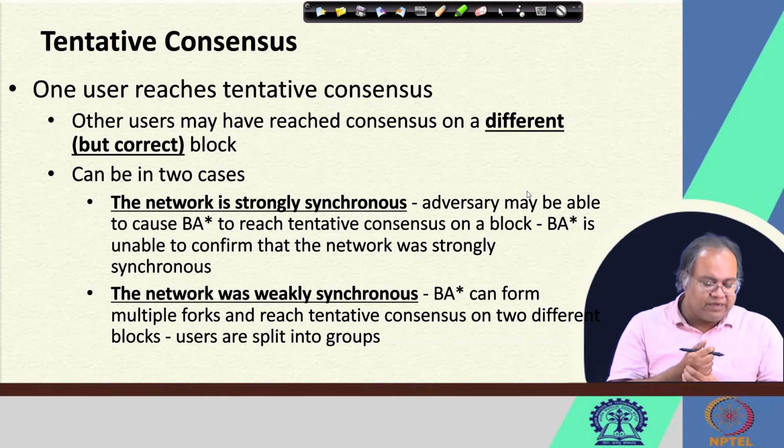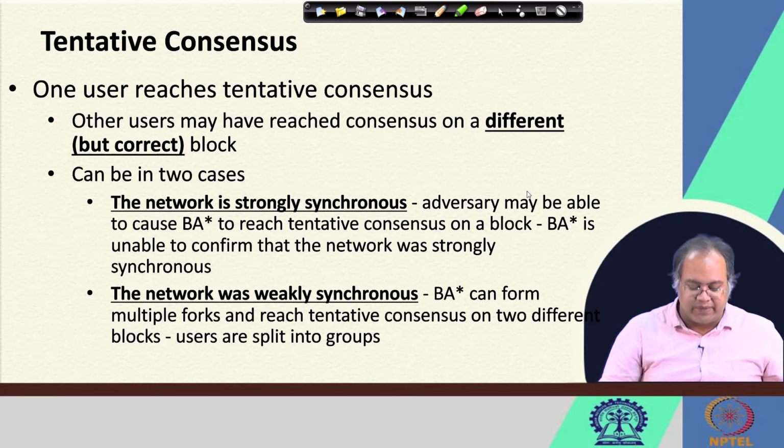This tentative consensus can occur in two cases. When the network is strongly synchronous, the adversary may be able to cause the Byzantine agreement protocol to reach tentative consensus on a block. In that case, B star is unable to confirm that the network was strongly synchronous. And when the network was weakly synchronous, during that time B star can form multiple forks and reach tentative consensus on two different blocks.